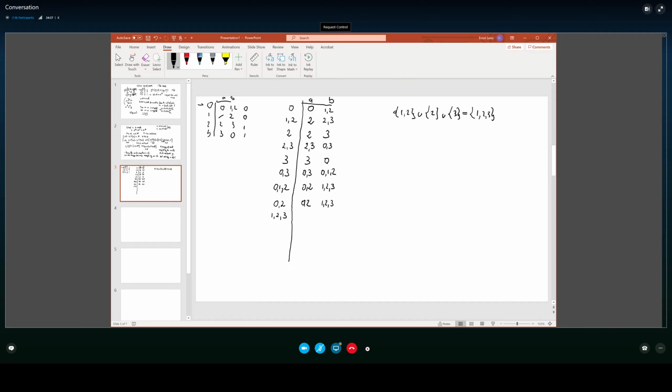So, any other questions? So then we have 1, 2, 3 under A is nothing, and 2 and 3, so that's 2, 3. 2, 3 we have already. And then 1, 2, 3 under B is 0, 2, 3. And 0, 2, 3 I don't have yet. 0, 2, 3 has to be written down in this queue of things to be considered.